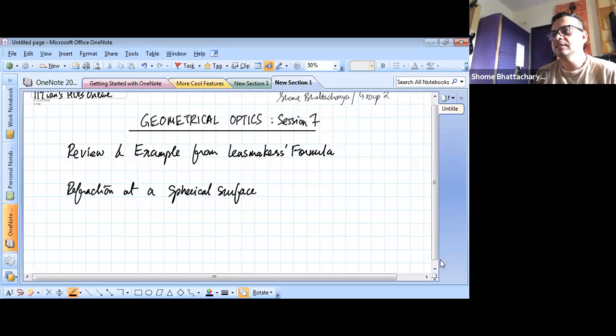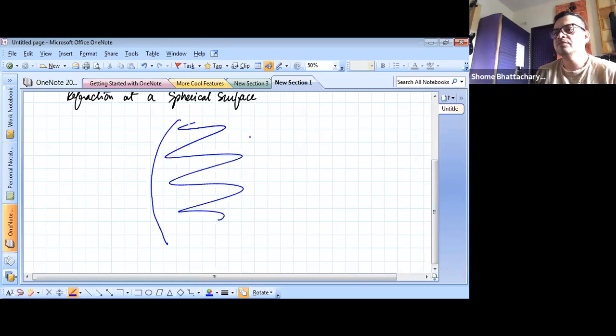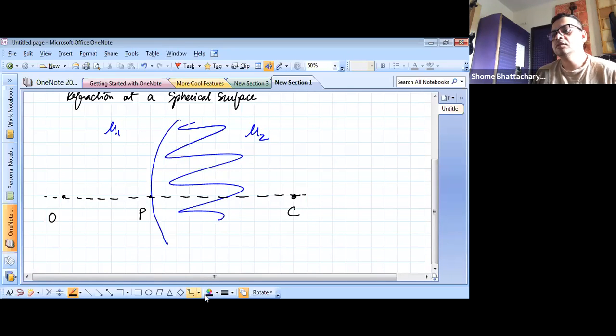We saw the derivation earlier: if we have either a concave or convex interface between one medium with refractive index mu2 and another medium with refractive index mu1, and an object, then due to the bending of light by refraction, it forms an image over here.